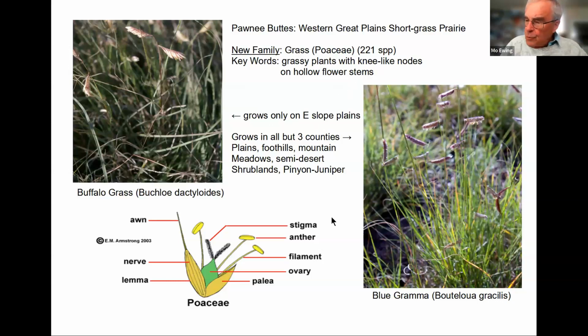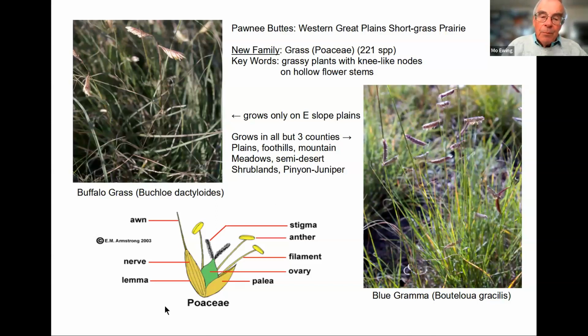I guess you probably all know what a grass-like plant looks like. If you look at the stem, there's a little ridge, and you can feel it or see it if you run your hand up it. That's the little node, and that separates it from other grassy-like things like sedges and rushes.